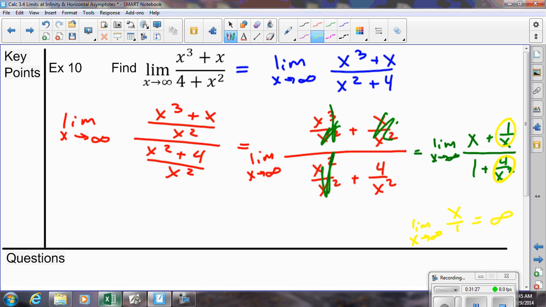Important observation to make here: the degree of the numerator is larger than the degree of the denominator. Whenever you wind up with the numerator degree larger than the denominator degree, your limit is going to equal infinity.